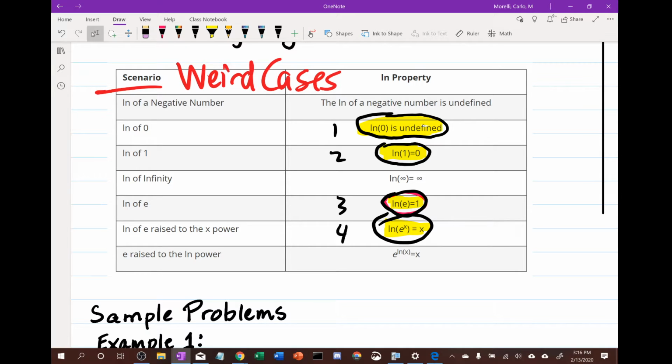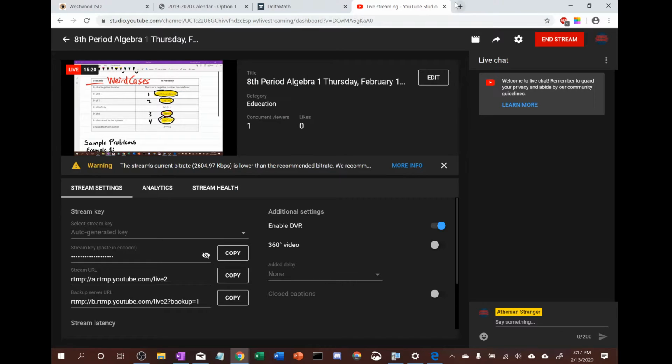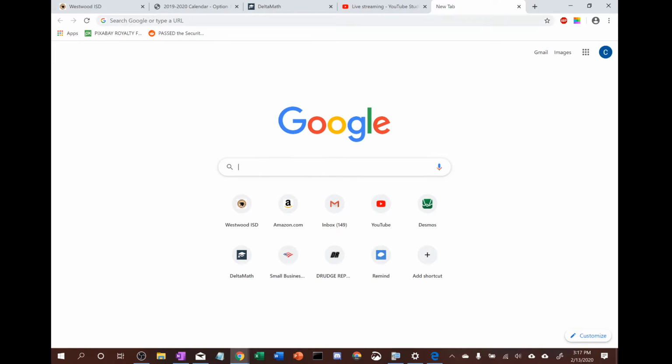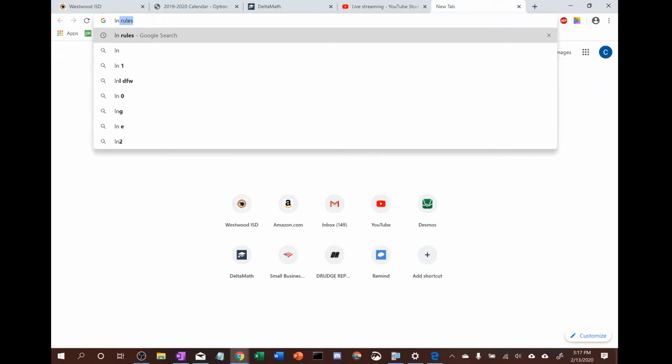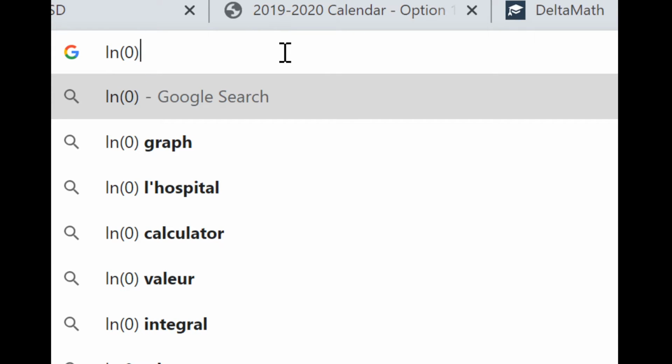And look, I want to show you something neat, because I know you guys are writing, so don't freak out on me. Just hang on. If you go to google.com, type in ln, open parentheses, 0. Google is going to function just like a graphing calculator.